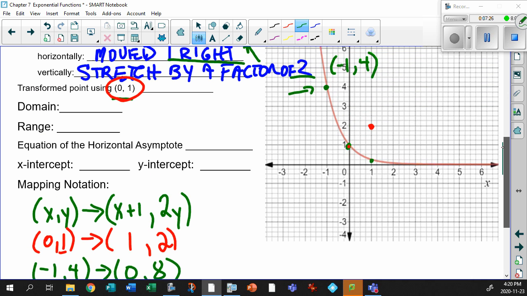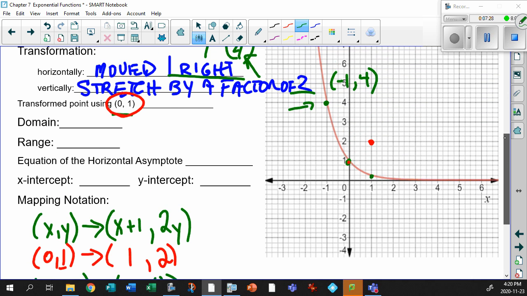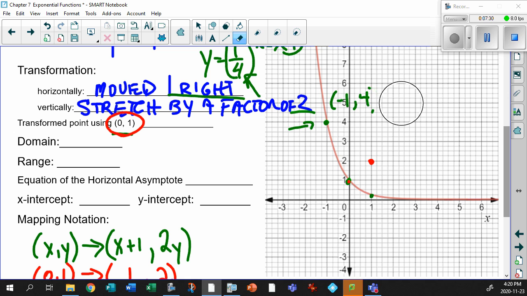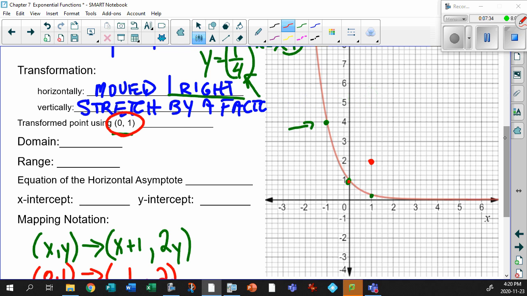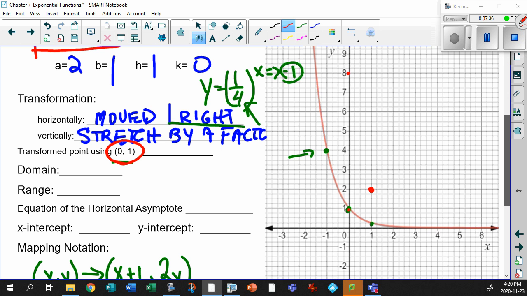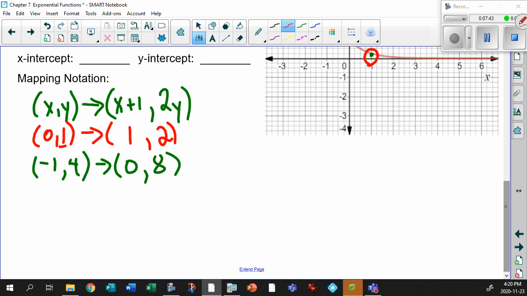Let's plot that in there. Look how pretty this is. Oh my goodness. Okay, so let me get rid of this. It's at (0, 8). Nice. Well, how about this point here? Remember, that was (1, 1/4). Okay, (1, 1/4). Let's see how that one moves.